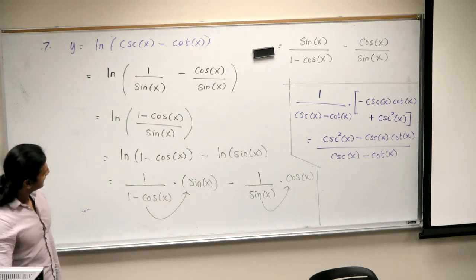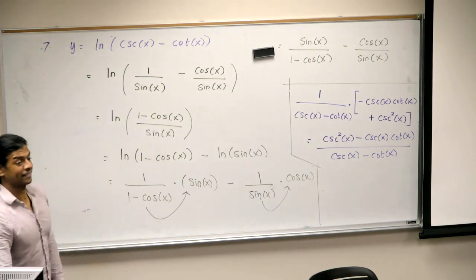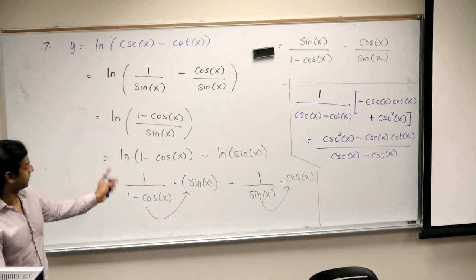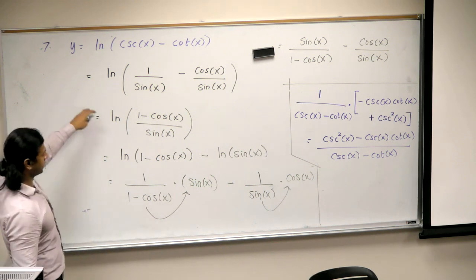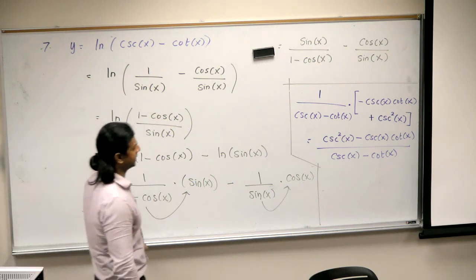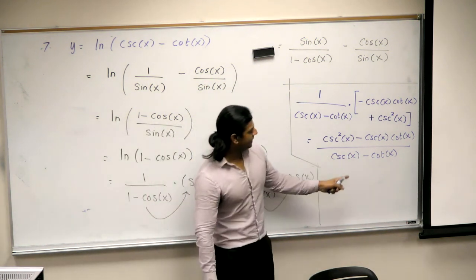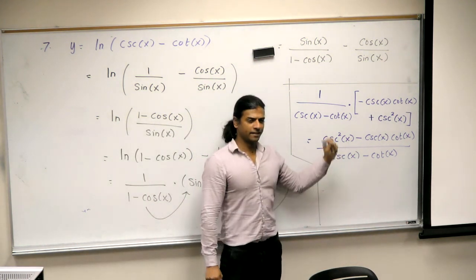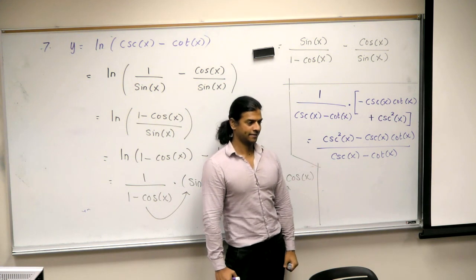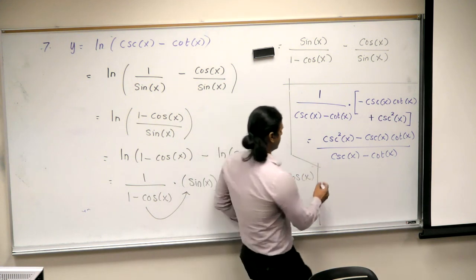Yes, seems like this is the easier approach compared to that. As I said, I just wanted to show the answer in terms of sine and cosine. Why is this easier? What do we see in common in the numerator? Cosecant.